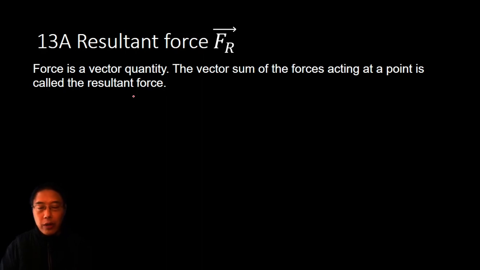For a stationary object, say I'm sitting here, I have a downwards force due to Earth's gravity, and later on we look at Newton's third law. There is an opposite force acting on me from the chair that is preventing me from falling down. So if I am the particle that has the forces exerted on me, the resultant force is actually 0, or the null vector.